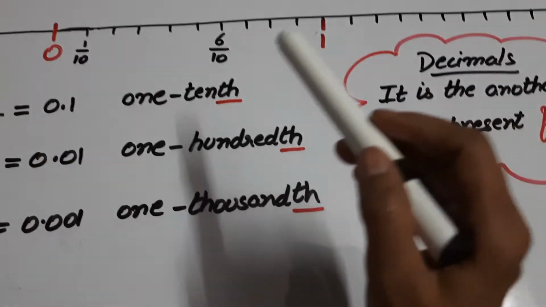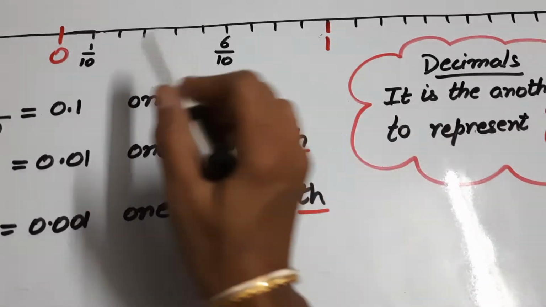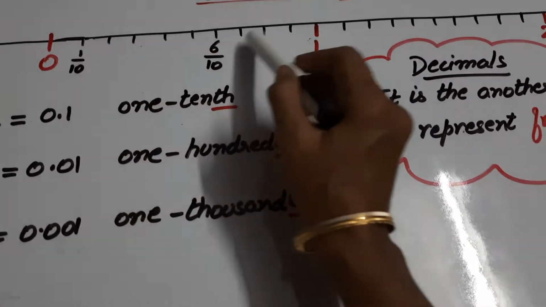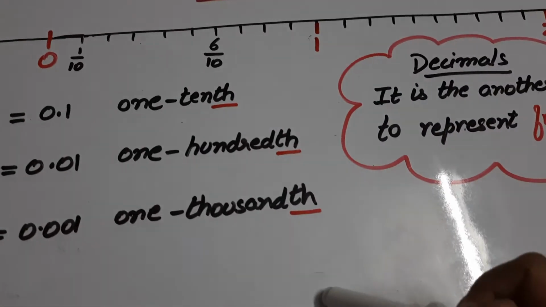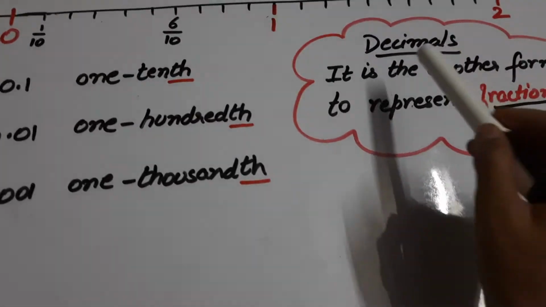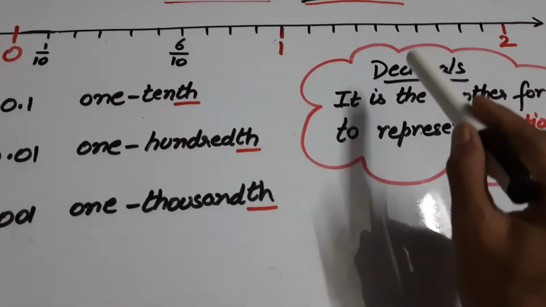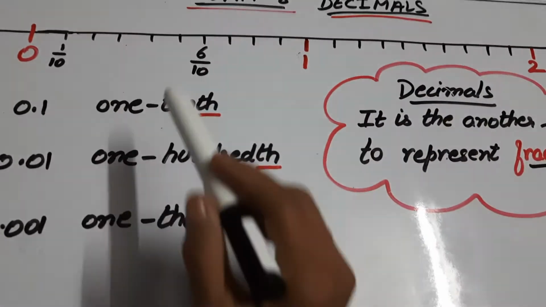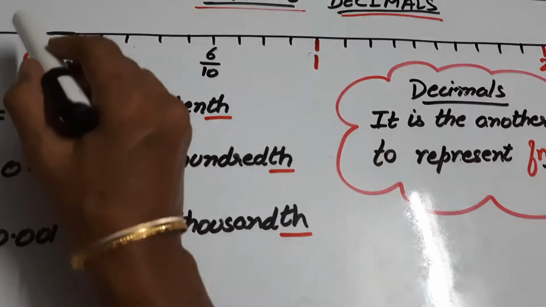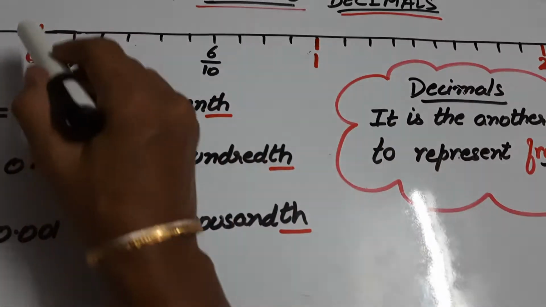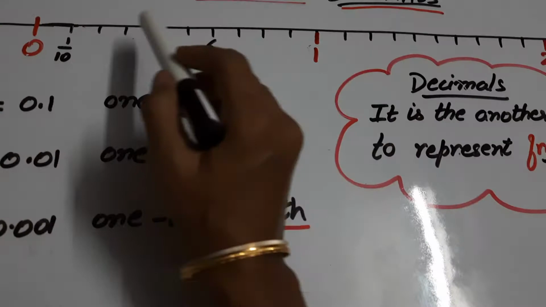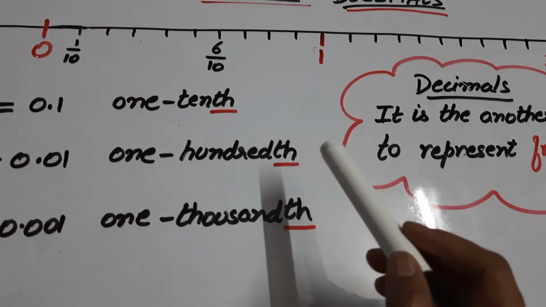Like you can see on your scale also, in between 0 and 1, there are 10 divisions, and that means there are 10 parts. So dear students, to represent the parts, we use decimals. From 0 to 1 is considered as 1 unit, and this 1 unit carries 10 further parts, right?